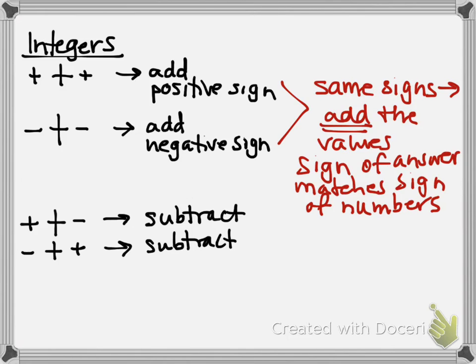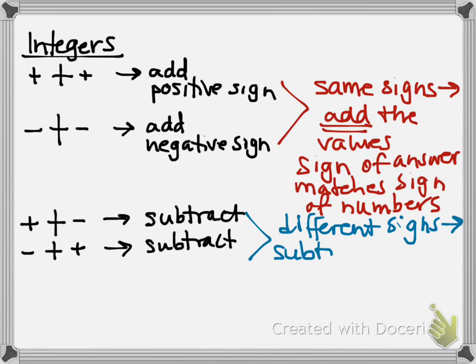Okay, so the sign, this one, I can't determine the sign this way, so we're going to write it over here, and we're going to say different signs. We're going to subtract their opposites, in a sense, the values.